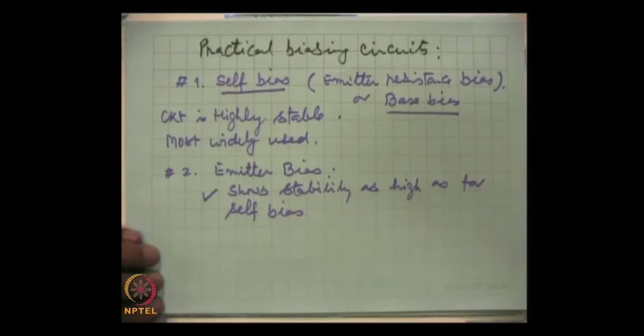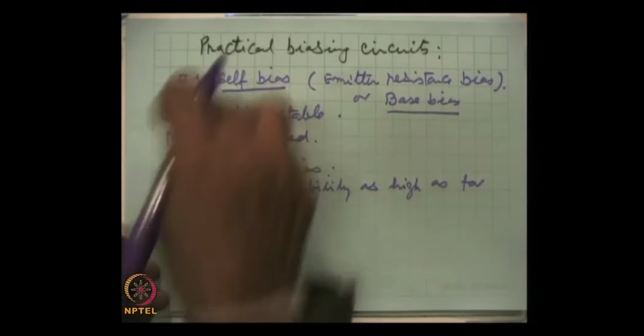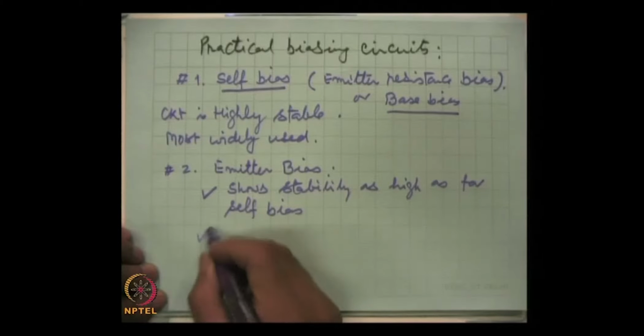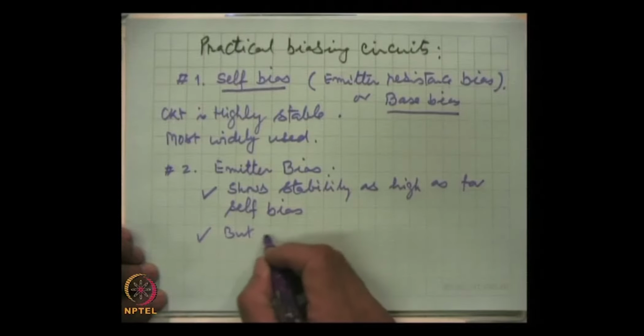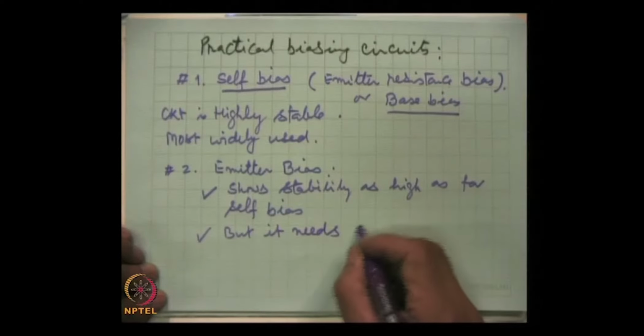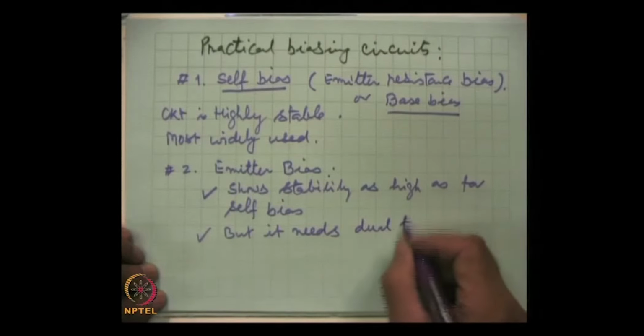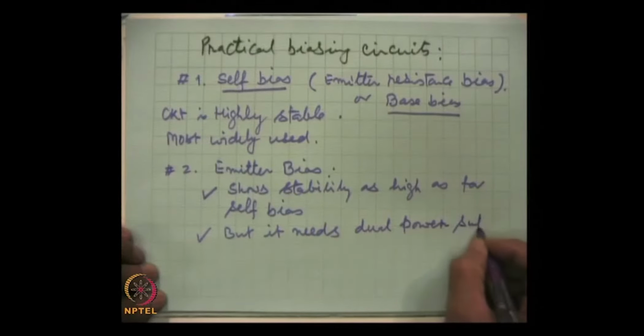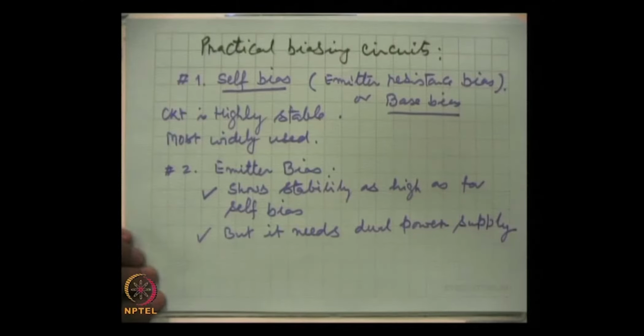The stability is as high as in case 1, the self bias, but it needs a dual power supply. Let me explain what is the meaning of dual power supply.